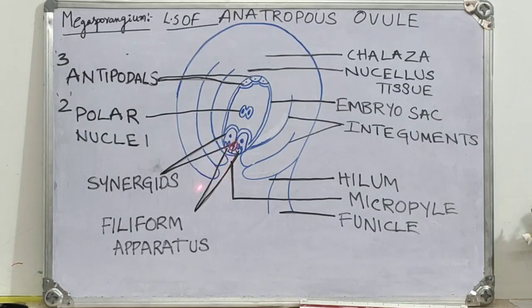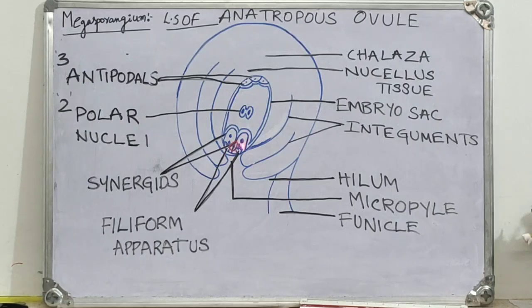When the pollen tube enters into the embryo sac, the filiform apparatus will make that pollen tube enter into one of the synergids.